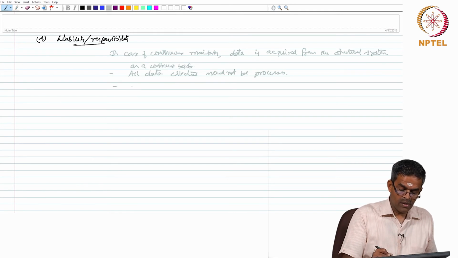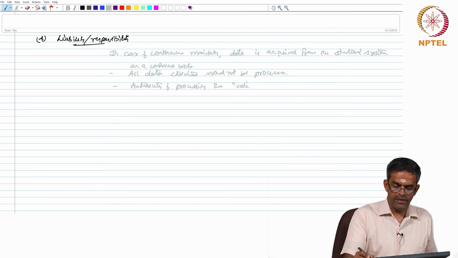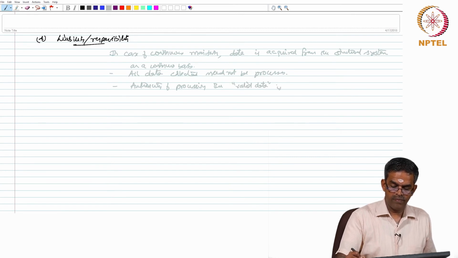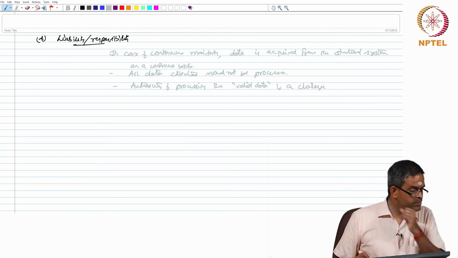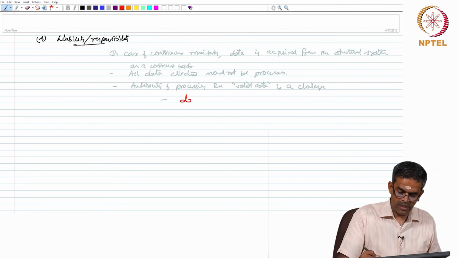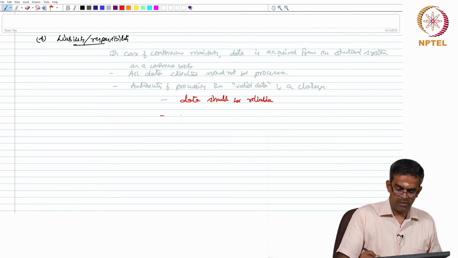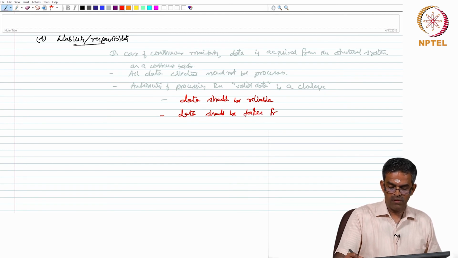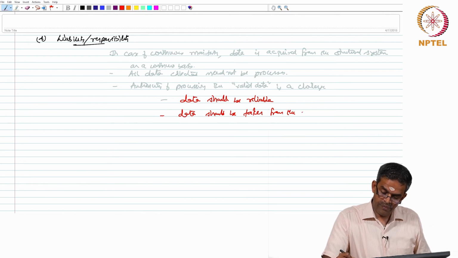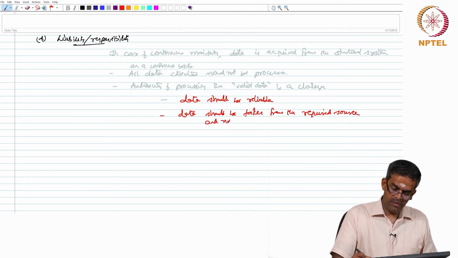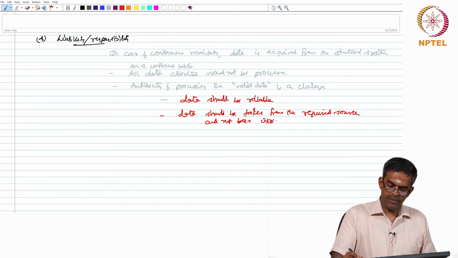Therefore, authenticity of processing the valid data is a challenge, because the data should be reliable, the data should be taken from the required source and not been interpolated.